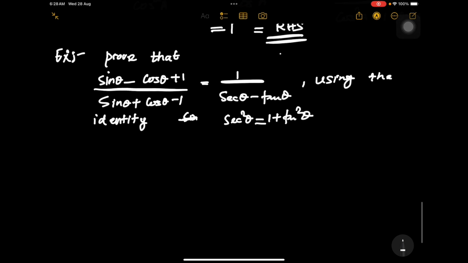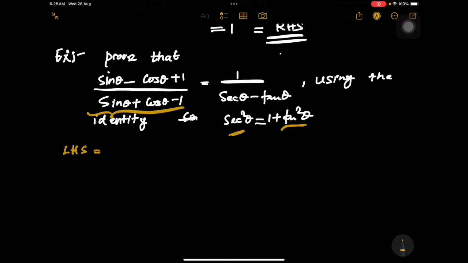So start with the left hand side. What I'm going to do here is create sec theta and tan theta, because everything is in sine and cosine on the left hand side.